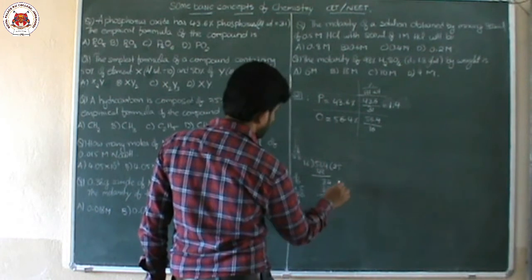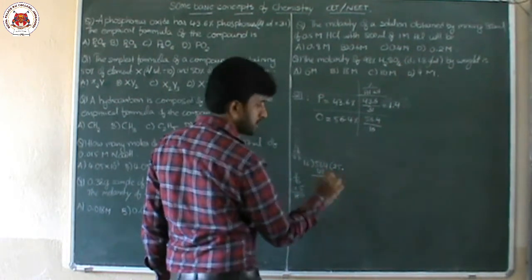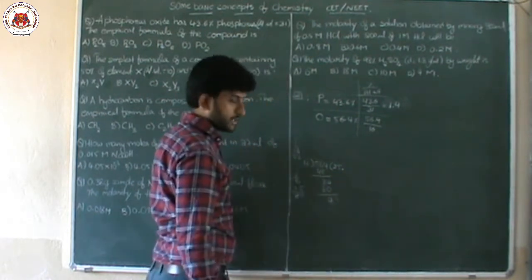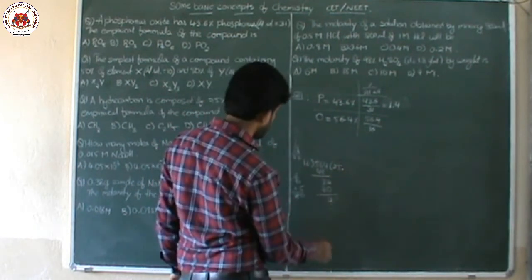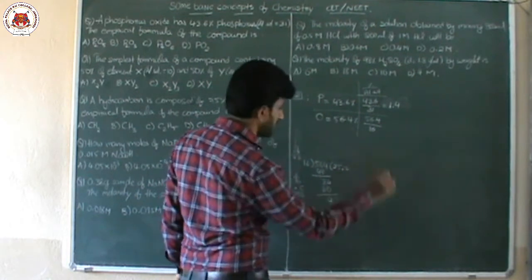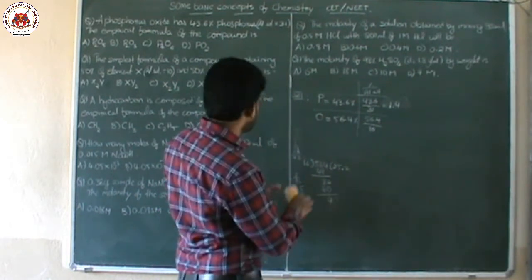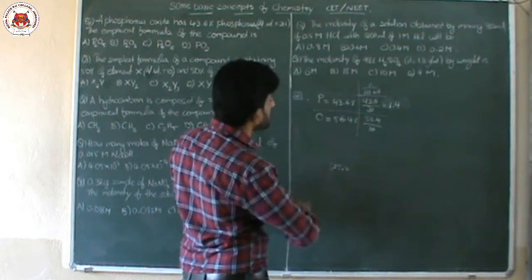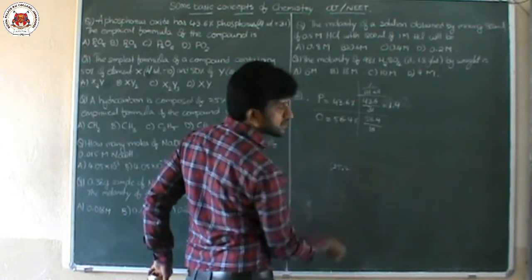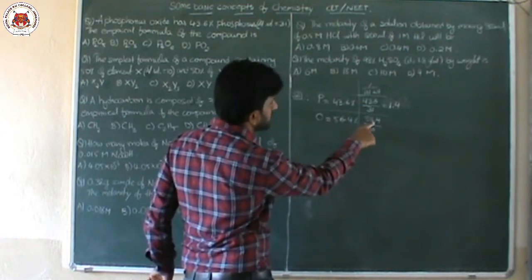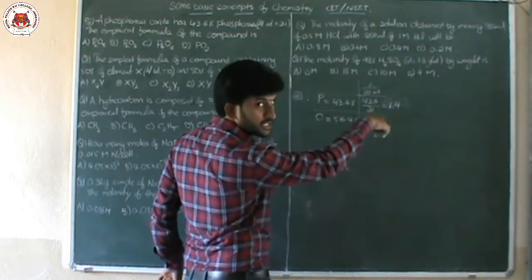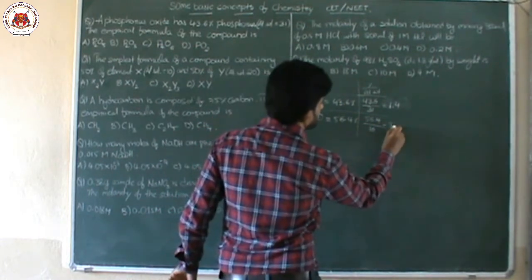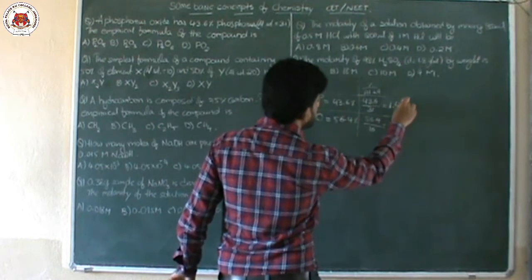So it will be 35 point something, maybe 35.2 approximately. Since I took 564 into 10 raised to minus 1, this will become 3.5.